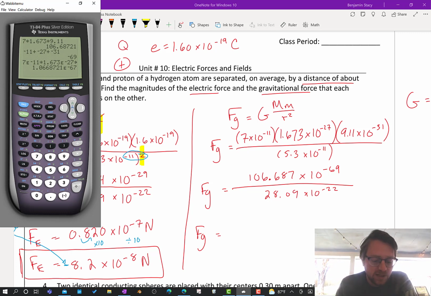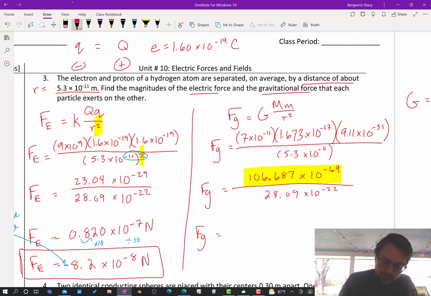And notice to get the same answer, it's presenting the answer on the calculator in the correct scientific notation format, 1.06. So it's divided the prefix by 100, or 2 orders of magnitude. And so it's times 10 to the minus 67. My answer right now in the numerator is 106. So that's why it's times 10 to the minus 69. There's a quick way for me to check, make sure I'm doing stuff right.